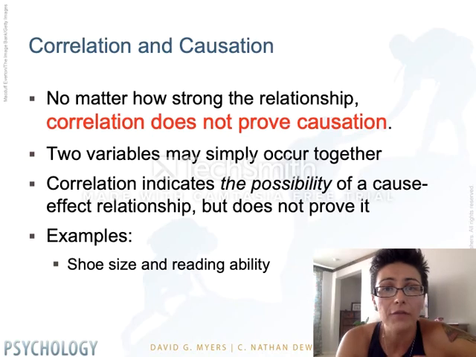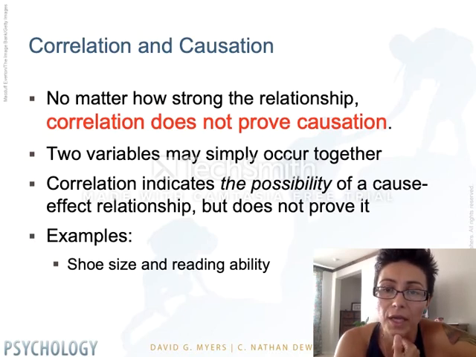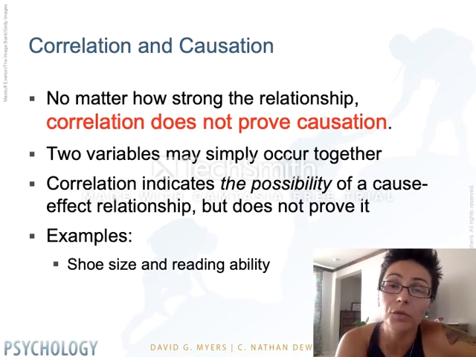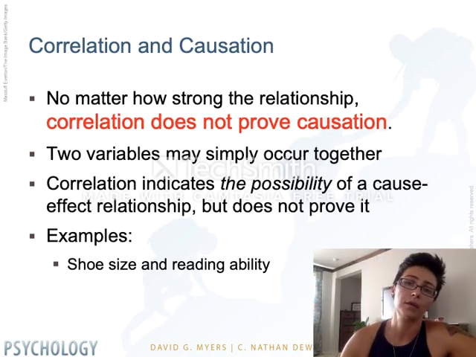If I have a lot of absences from school and my grades are low, did my absences cause me to have lower grades? Or my lower grades sort of bummed me out, made me feel bad, and I decided I don't even want to go to school anymore. So which one caused the other? It's a little bit like the chicken and the egg.